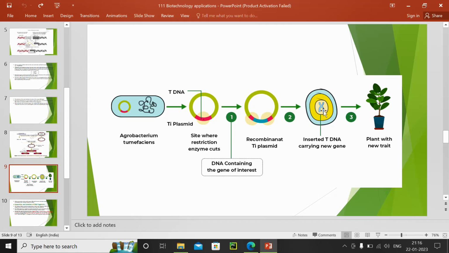After getting introduced, these cells grow and form a plant, and this plant is called a recombinant plant, genetically engineered plant, GMO plant, or genetically modified organism plant species.